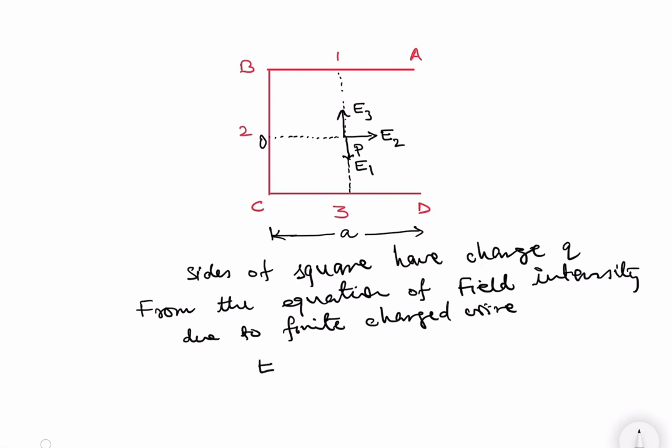E is equal to 1 by 4 pi epsilon naught, 2 lambda by r sin theta.